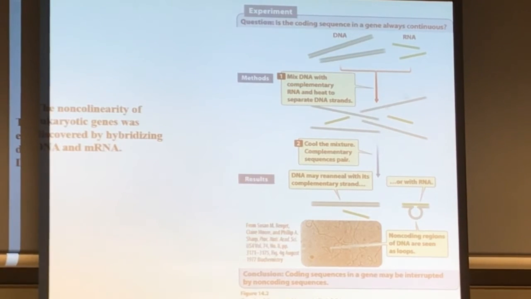Now, how did they really realize that non-collinearity is actually seen in eukaryotes? What some of the research scientists did was, if an RNA is synthesized from a DNA, for example, if this is your DNA and this is your RNA, these strands should unwind, and then a new RNA strand is synthesized.